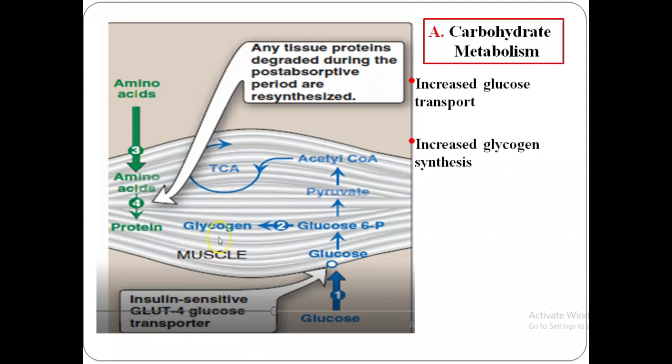Increased glucose transport: the rise in plasma glucose and insulin after a carbohydrate rich meal leads to an increase in glucose transport into the muscle via GLUT4, thus reducing blood glucose. In muscles, glucose is phosphorylated to glucose 6-phosphate by hexokinase and metabolized to provide energy needs of the cell.